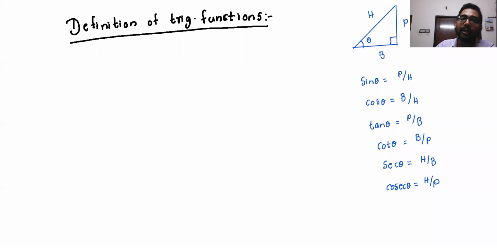Now in intermediate, or in general, we can actually define sine theta, cos theta even for higher angles. Not only when theta is between 0 to 90, even if theta is more than 90, we can define sine theta. The actual definition of sine theta and cos theta is, you take a reference.